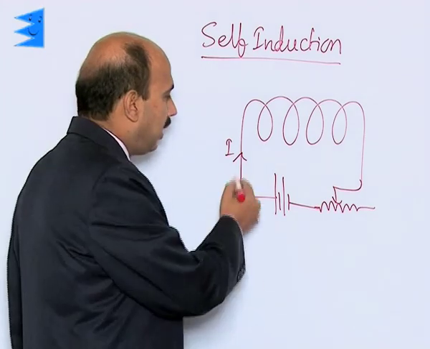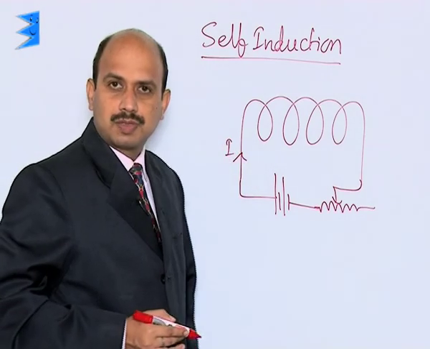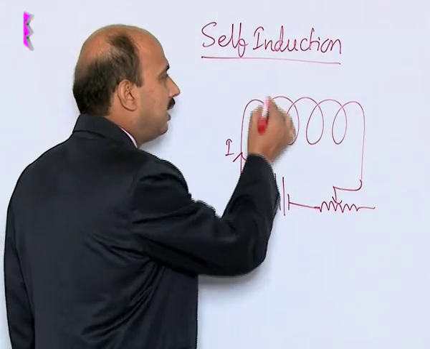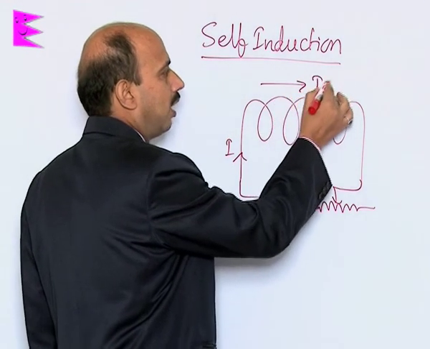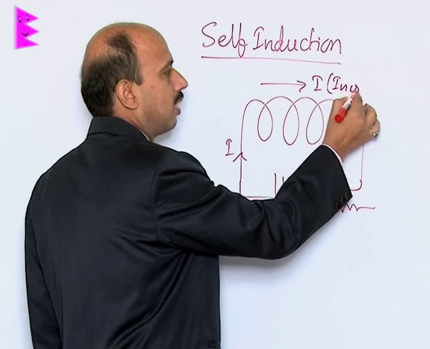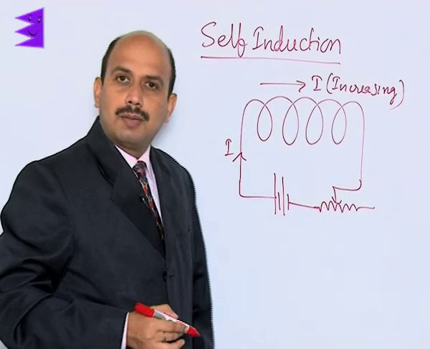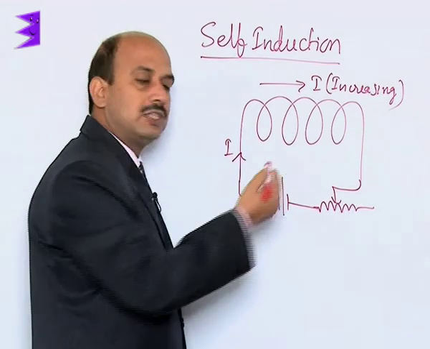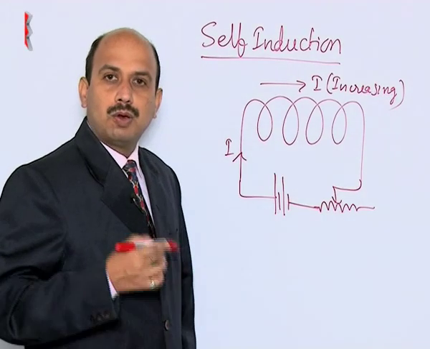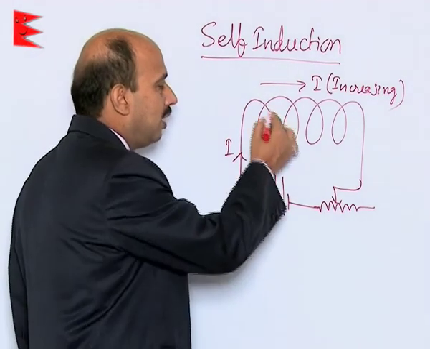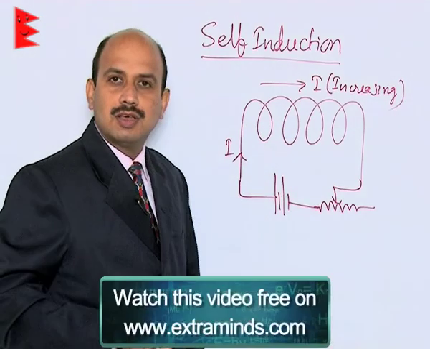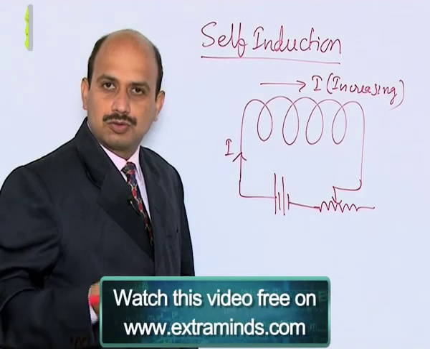Now when the value of the current is changed, suppose current I is increasing in this side. So when current increases, the magnetic field also keeps on increasing. Because of that, the magnetic flux linked with each coil changes, as a result EMF is induced.